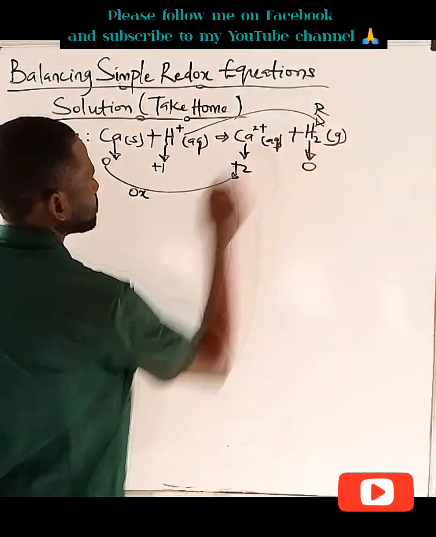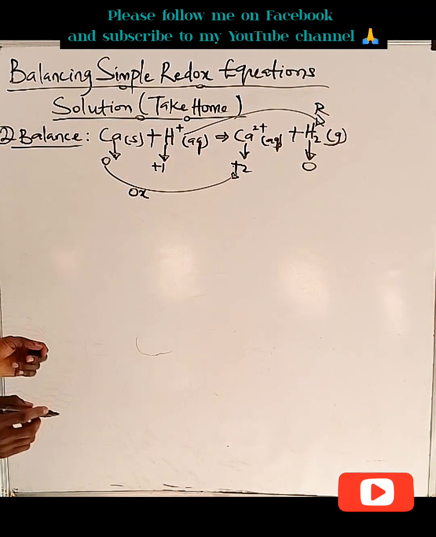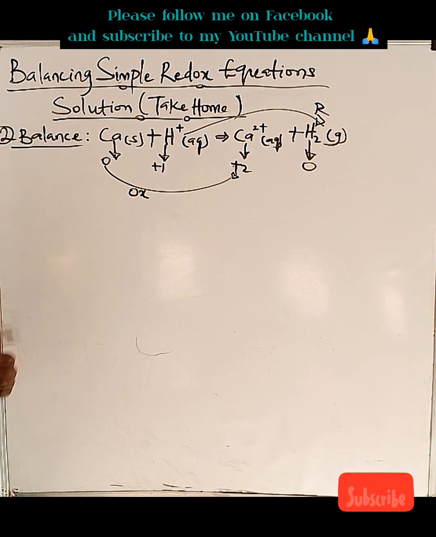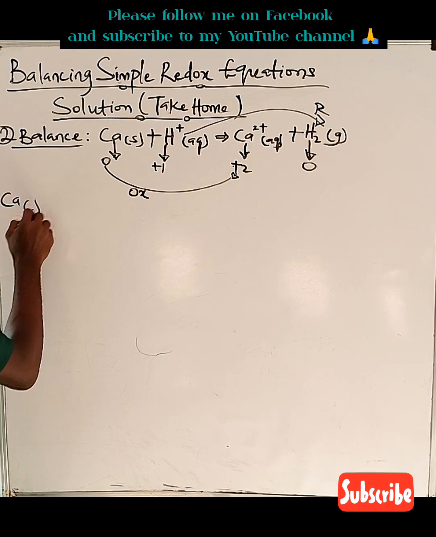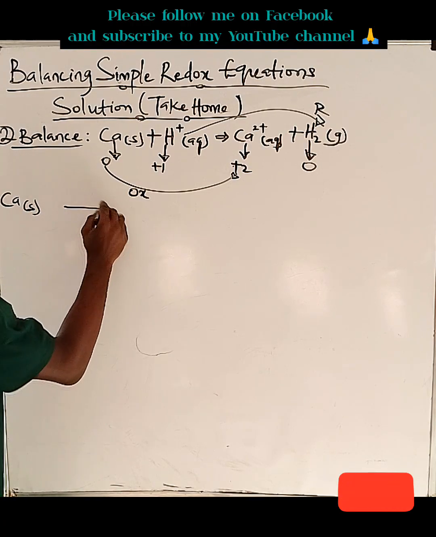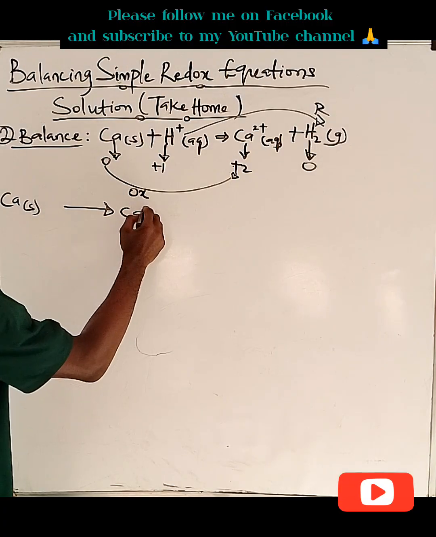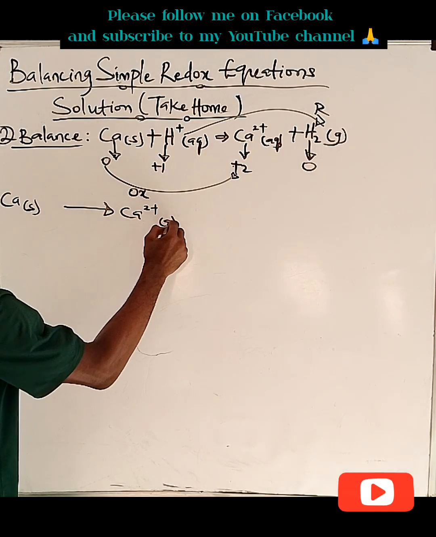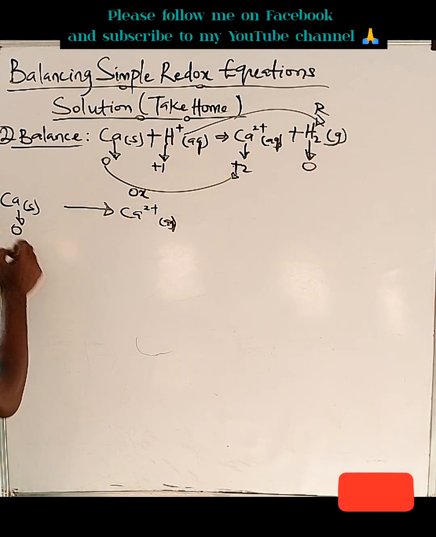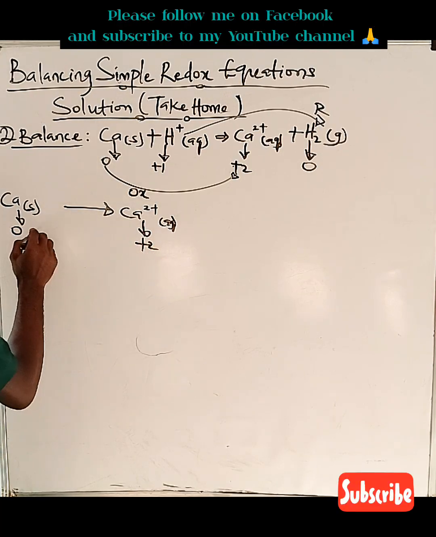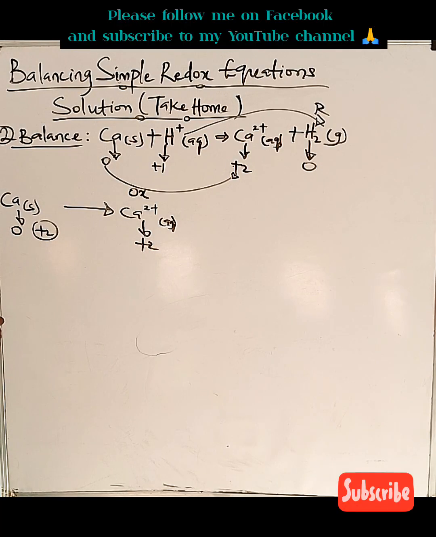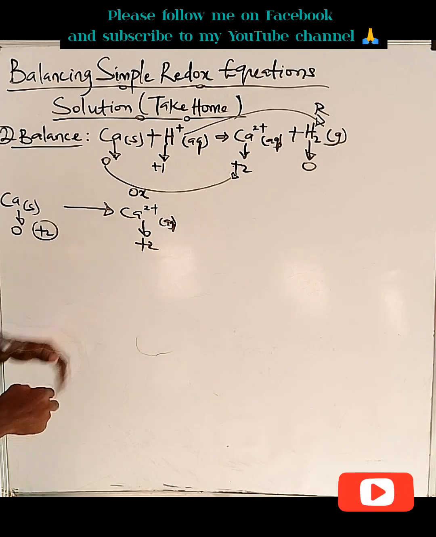This is reduction. So quickly let's write out. We're going to attend first to the oxidation, and after that we attend to the reduction. So calcium solid is oxidized to calcium 2+ aqueous. It's an increment in oxidation number from 0 up to +2. It means 2 was added to this calcium to bring about +2.